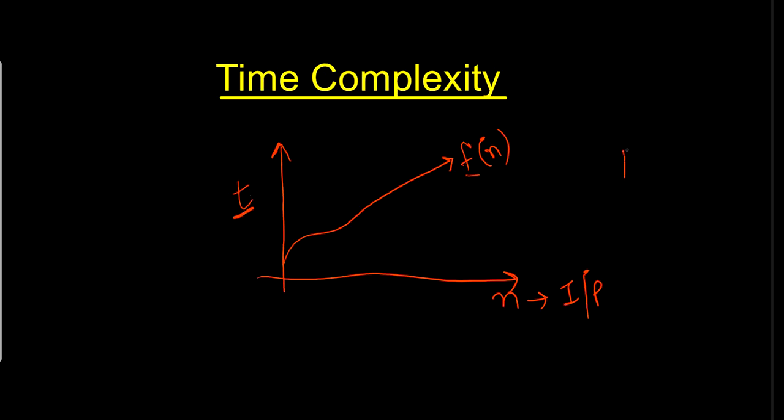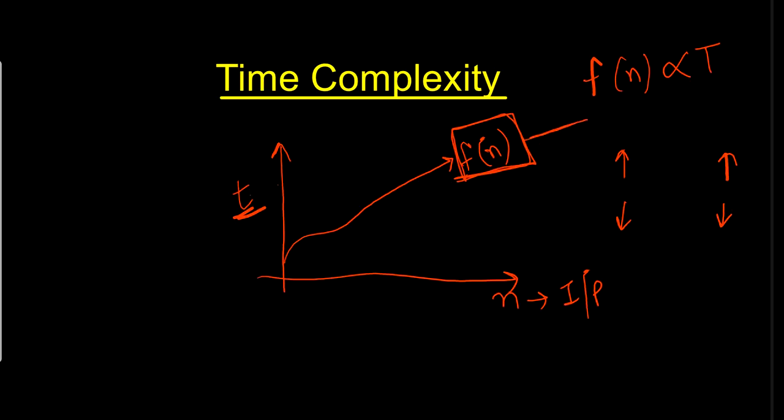If f of n increases, time also increases. If f of n decreases, time also decreases. That means f of n is directly proportional to time. So we need to discuss this f of n, which gives us the idea of proportionate time.